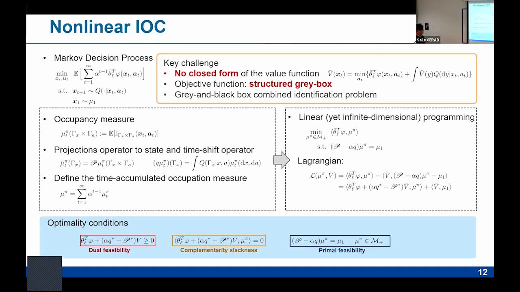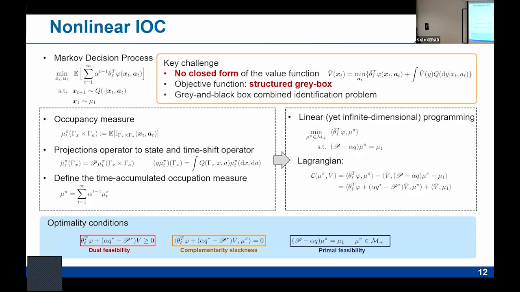There's no closed form. The key challenge, if you still want to identify theta, is that there's no closed form of the value function here. So what are you going to do? Basically, the objective function is a structured gray box, because it's a linear combination of the features, but V is a black box.